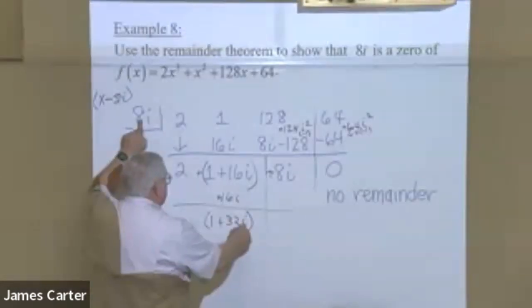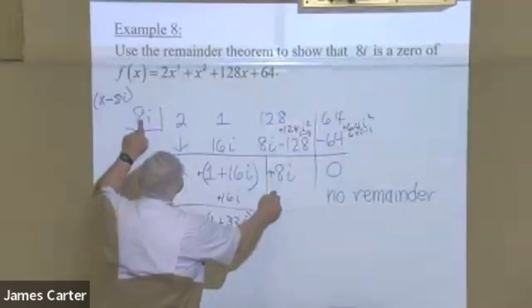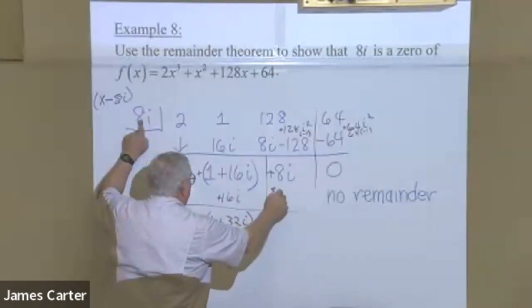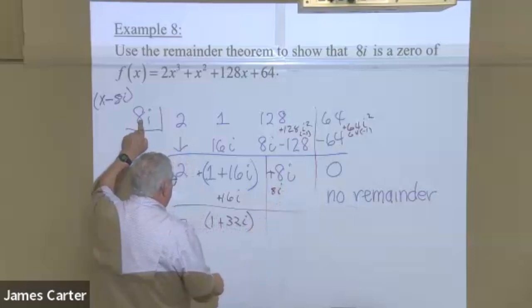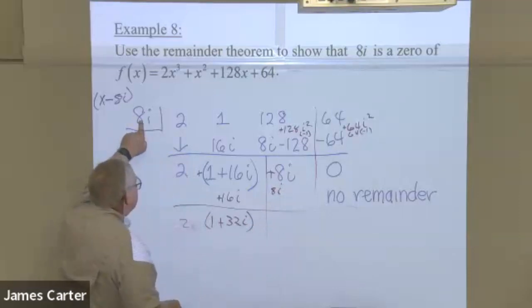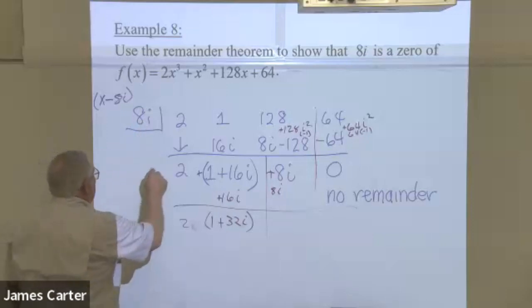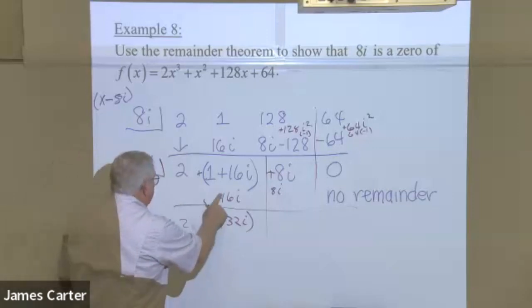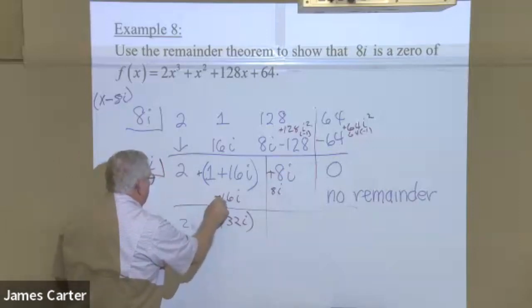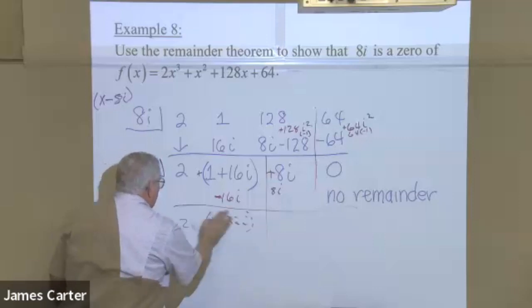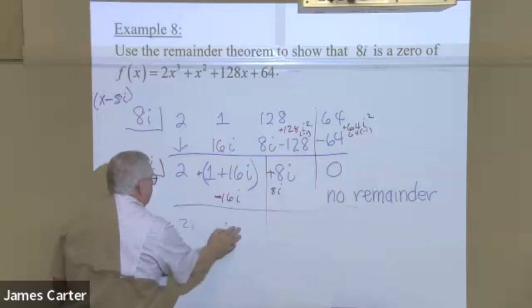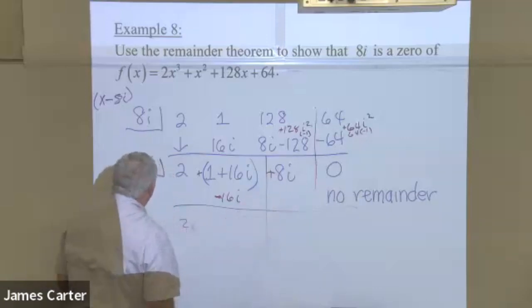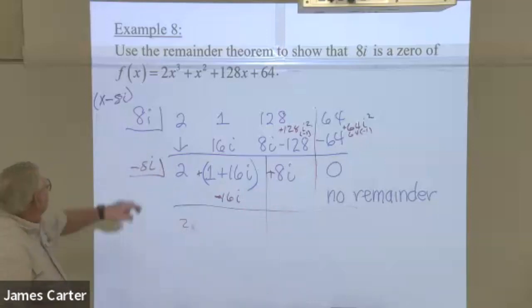Now I take this times that. I get 8i. Oh, wait a minute. Duh. It's supposed to be a negative. This should be a negative 8i this time. So my signs are all screwed up. I've got to start all over because I majorly messed up. If we did 8i there, we've got to do negative 8i here.